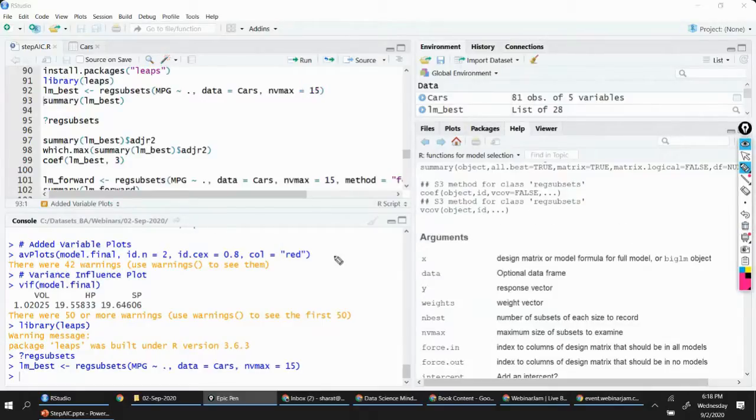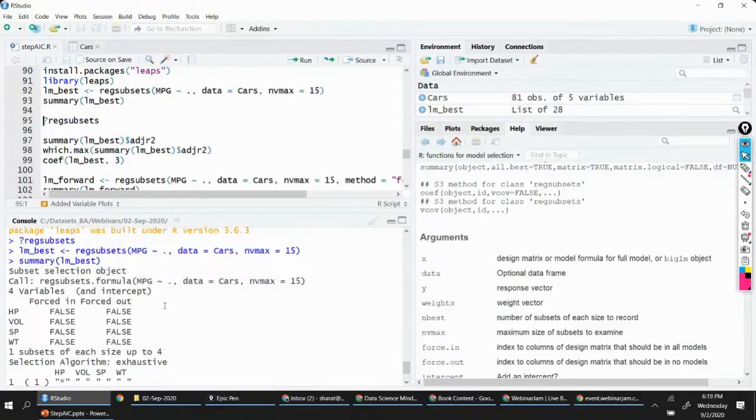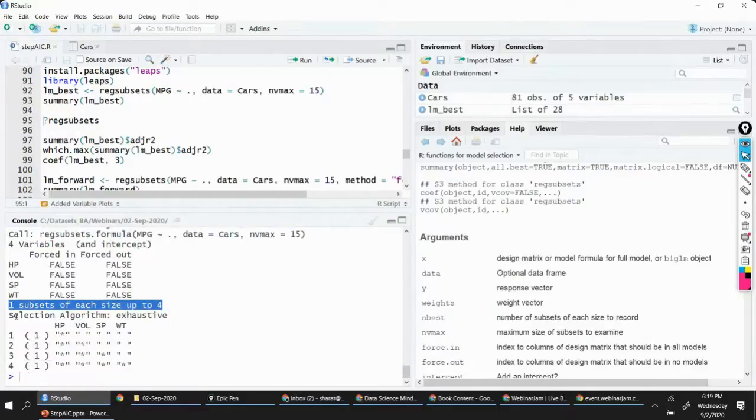So we have developed this model, and if you say summary of this model, yeah, this is the summary, and the one subsets of each up to 4. You are taking this and look at that. First model it has taken this, second model 2, third model 3, fourth model all the 4. Right?